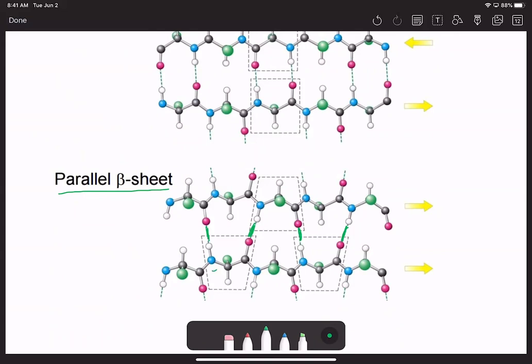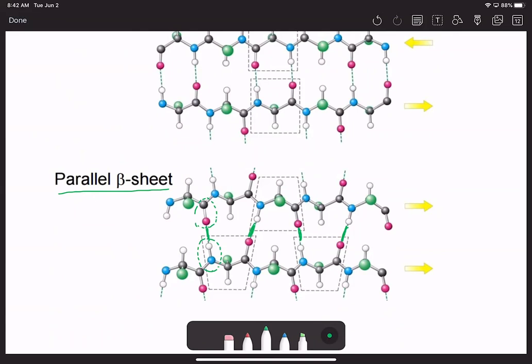Again, it's from the amino group of one amino acid to a carboxyl group of another amino acid. But we see that there are some slight angles, and these run parallel to each other.